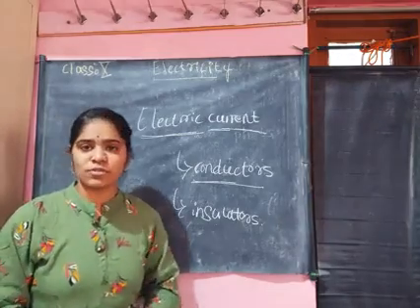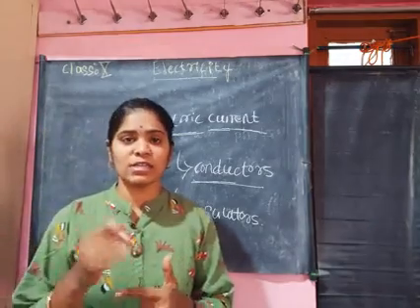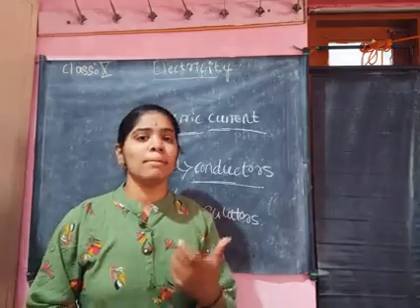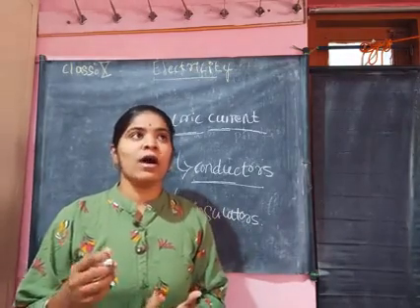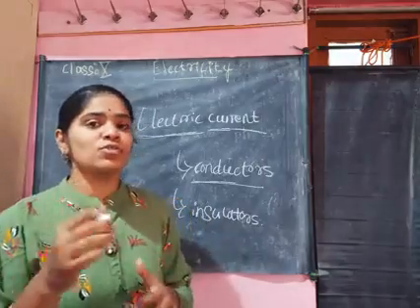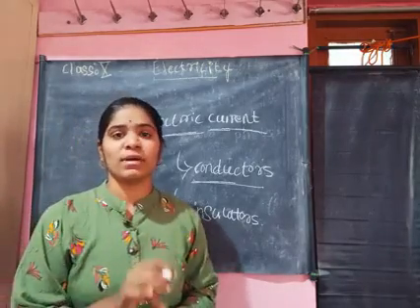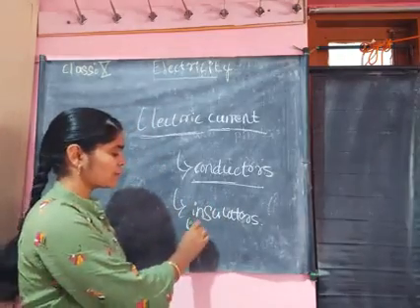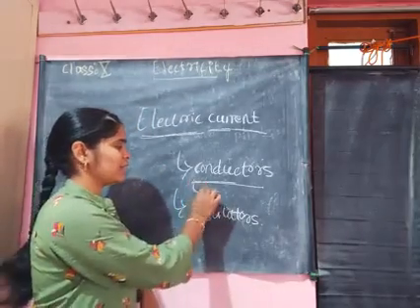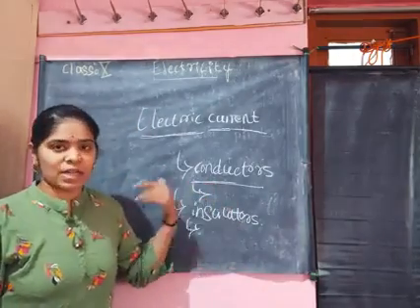So you can observe that in making electrical wires, they use metals like copper, and in some cases aluminium, iron. Such kinds of metals are used, but they will not use wood. So the examples for insulators are wood, and for conductors, metals.